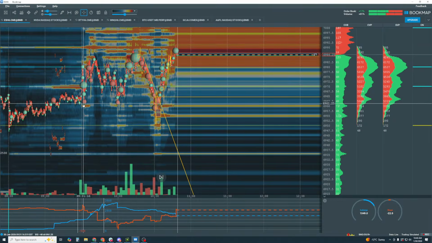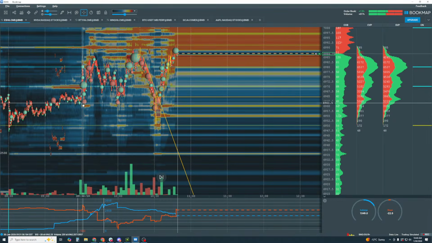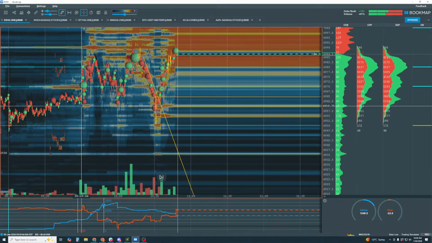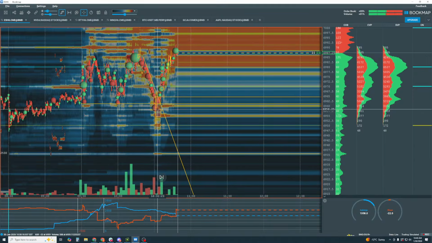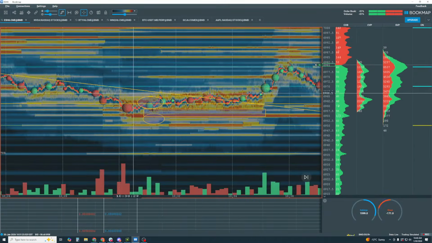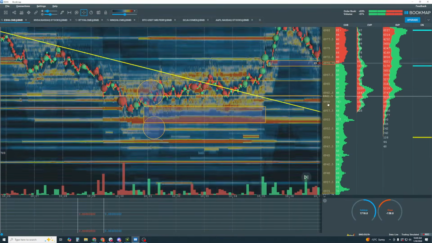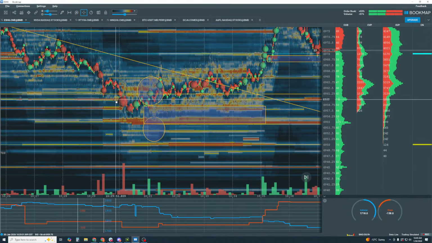We want to see where there's a reaction to verify if it's important or not. Well, is it? Let's take a look. We just go across here. We got a bounce off of it here. We come back down below that swing, but into buyers down here on the bid.